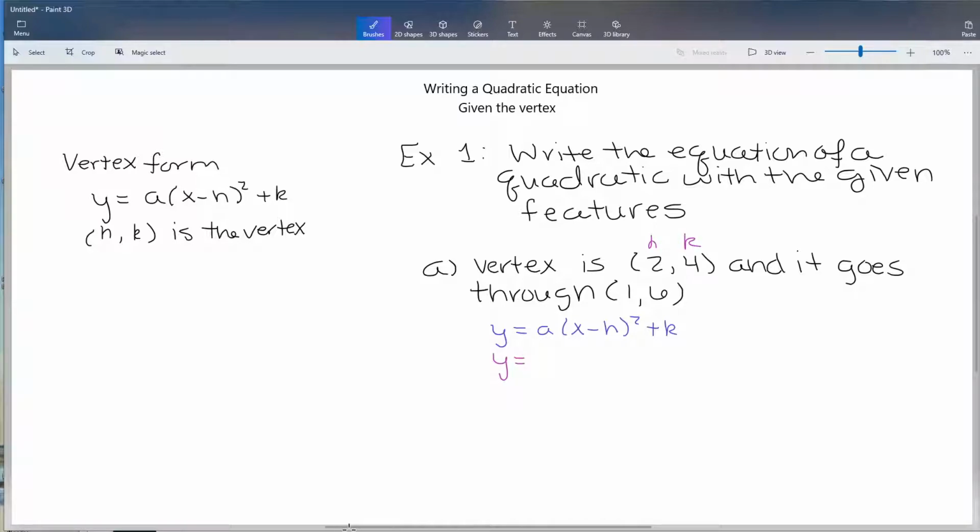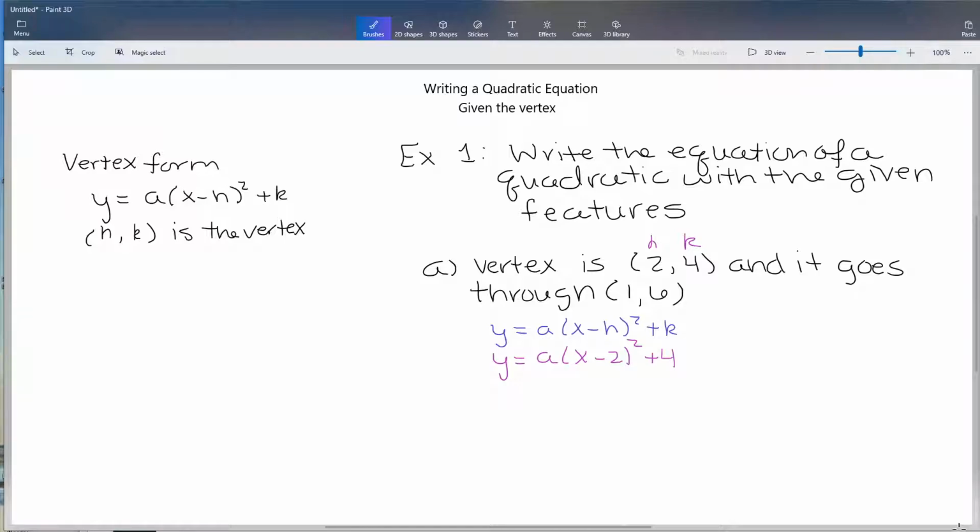So I have a times x minus 2 squared plus 4. Okay, the vertex has the most information in it. That's the most important point of the graph, right? That's the center point. So we want to fill that in first.